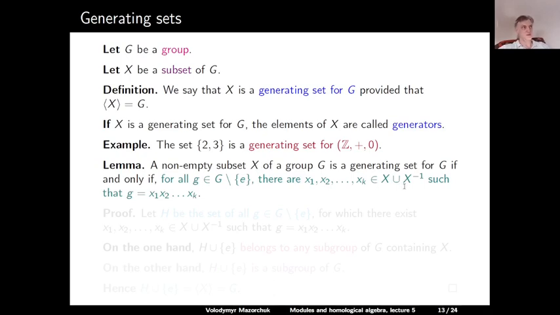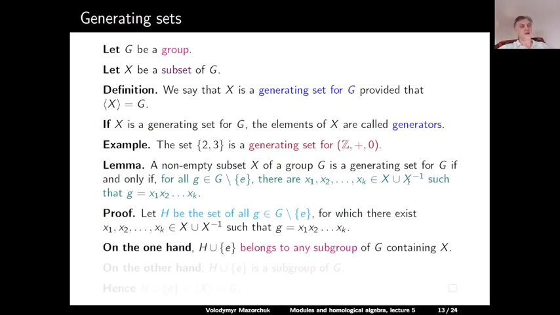This is a very important thing about the inverses. And we have the same proof. We denote by H the set of all such elements, and this set, united with the identity element, of course, belongs to any subgroup generated by X, and on the other hand, it is a subgroup. So X generates G if and only if this set coincides with G.